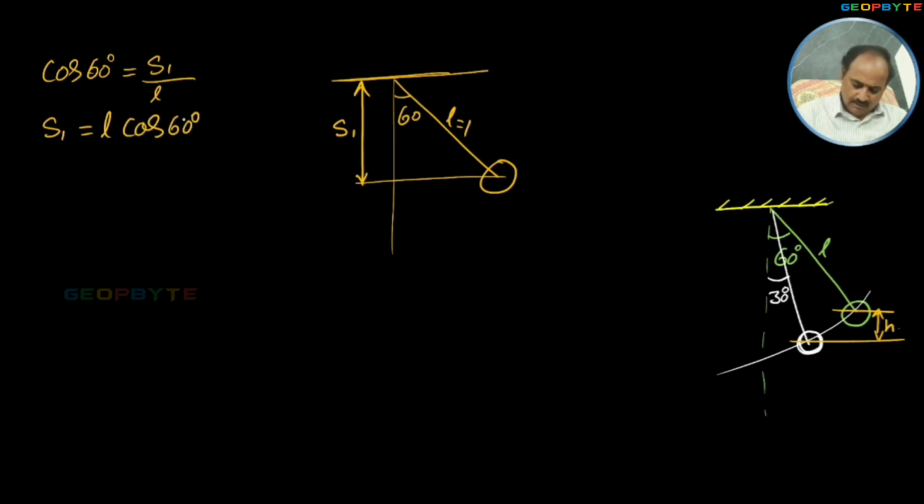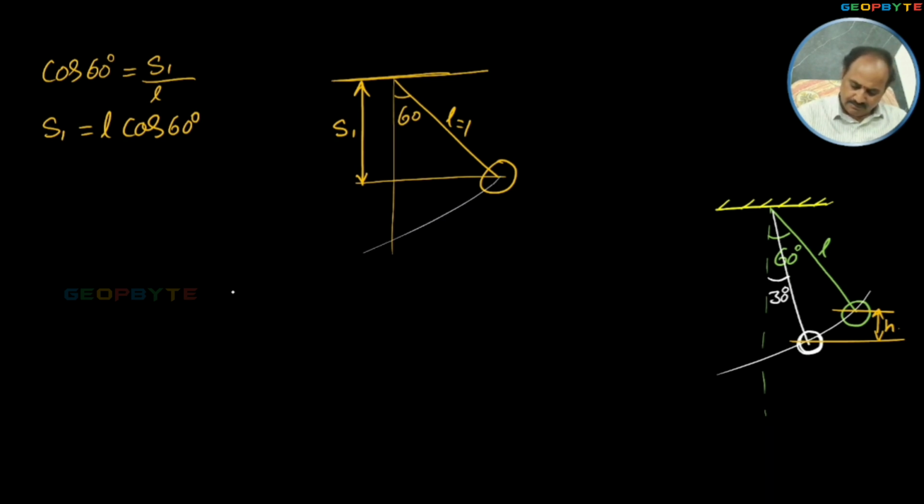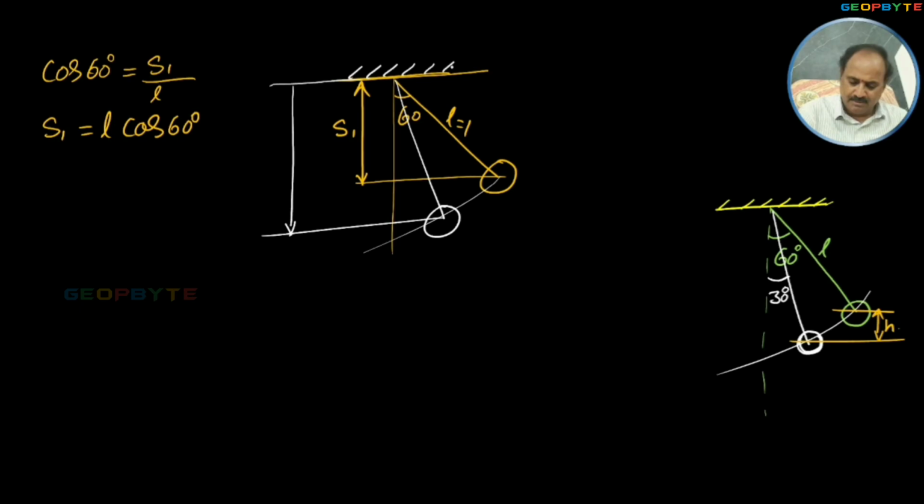Next, after a time t, the bob comes to this particular position, like a pendulum. This is the vertical height from the fixer. From the fixer I am marking this as S2.